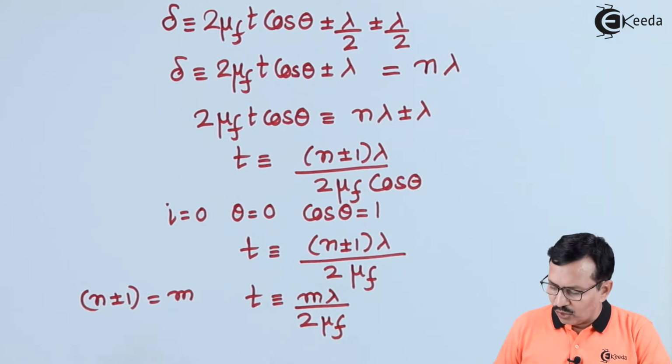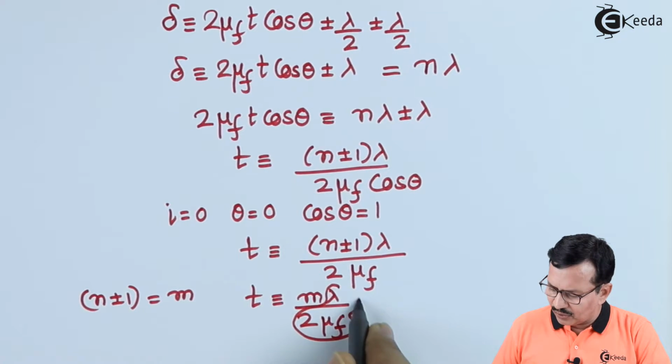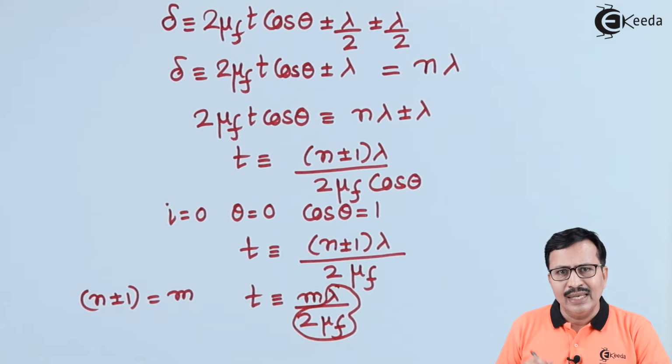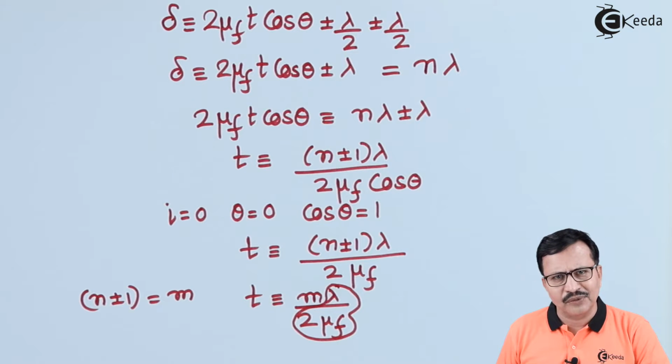And thus, what we get from here is the thickness should be an integral multiple of the factor lambda upon 2 mu f. And if that occurs, then the coating of the film, and this coat, mind you, is on the glass, this particular coating will act as a sun control film, diminishing the transmission and enhancing the reflection.